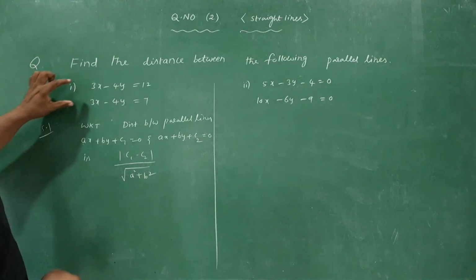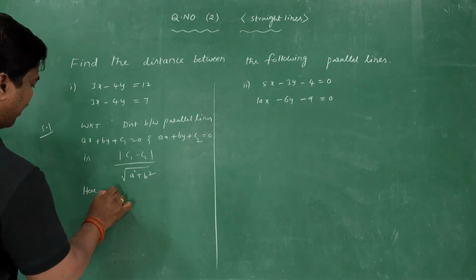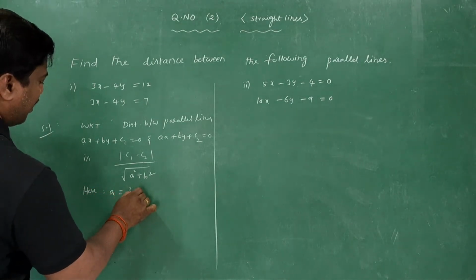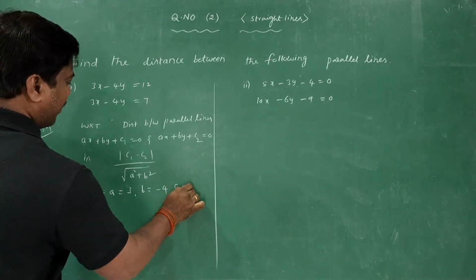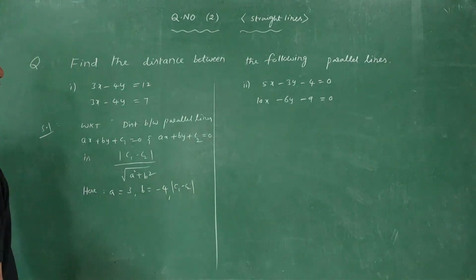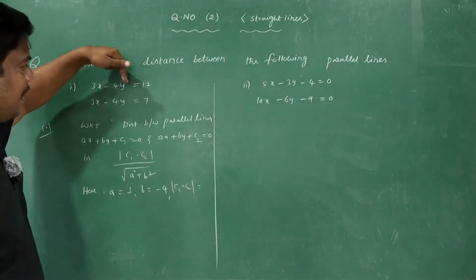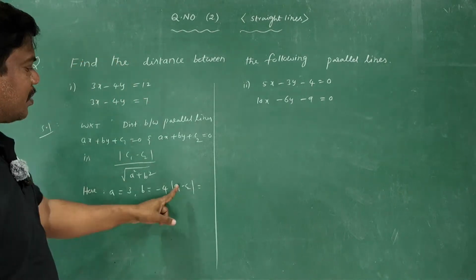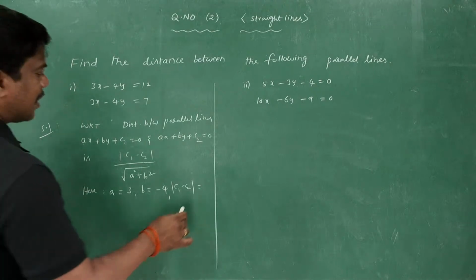And here a is 3, b is minus 4, right? So I am writing the value of a as 3 and the value of b as minus 4, and c1 minus c2, the difference between the constants. On the left side it is minus 12 and it is minus 7. So minus 12 plus 7 with the modulus sign gives the result 5.